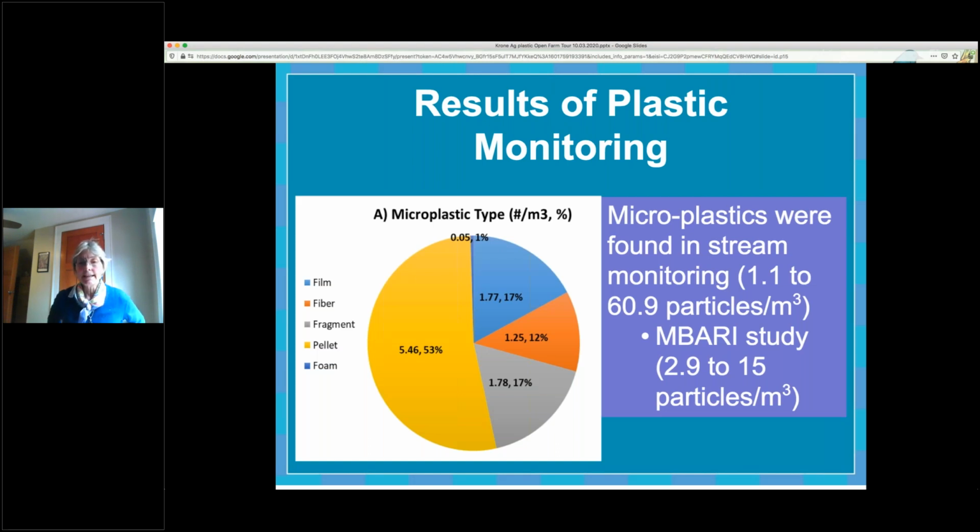And in terms of the density of plastic, it was really interesting because we compared the density we found in streams to the density of plastic particles found in Monterey Bay by the Monterey Bay Aquarium Research Institute, and it was of about the same order of magnitude. We were finding the same amount of plastic in our streams that they found in the ocean locally. Next slide.